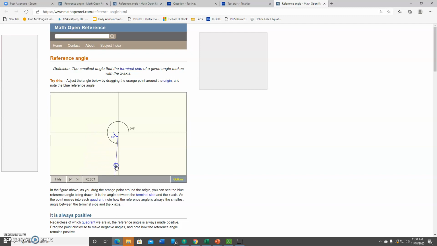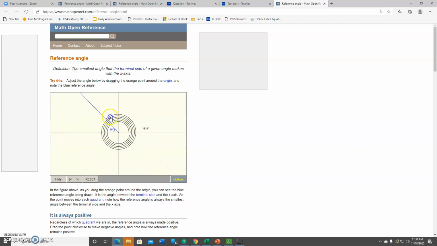When I move to quadrant 4, the reference angle is over here between the x-axis and the terminal side. So you begin to see that no matter where I go, the measurement will always be somewhere between 0 and 90 degrees. The highest it can be is 90 degrees, the lowest it can be is 0.